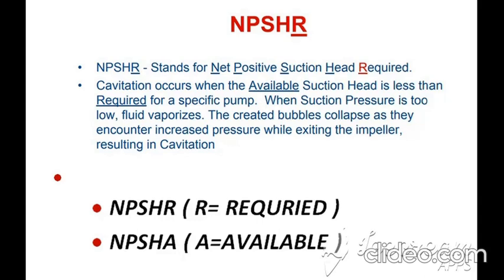As a result, fluid will vaporize and bubbles will be created, and after creation, the bubbles will collide with each other and create pressure. After that, cavitation will start. As net positive suction head available is a part of net positive suction head, we will maintain that head or height to overcome this problem.